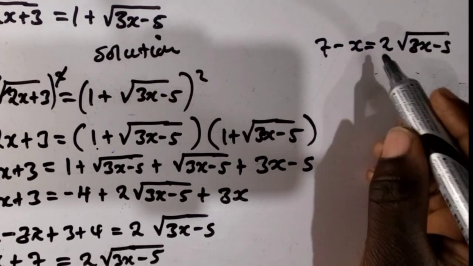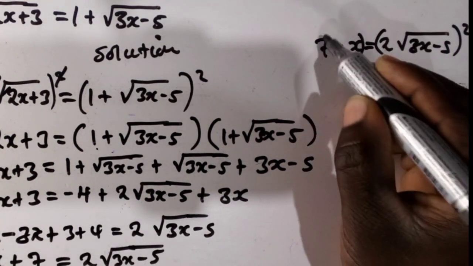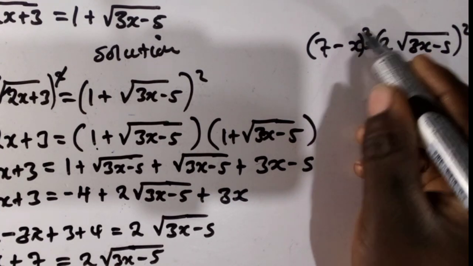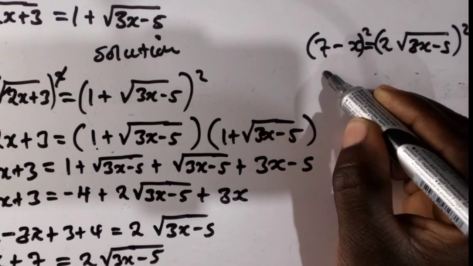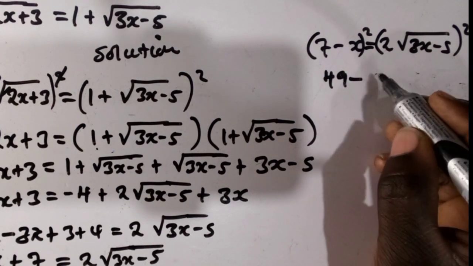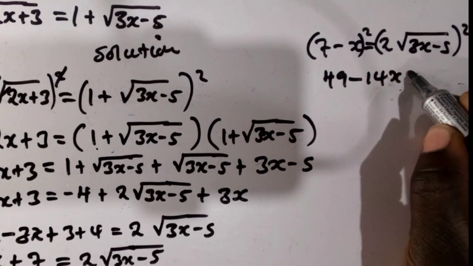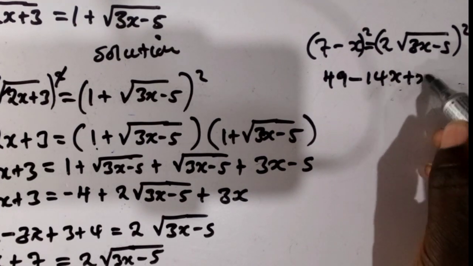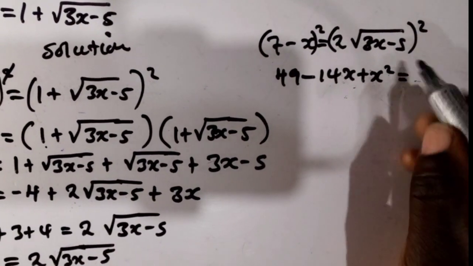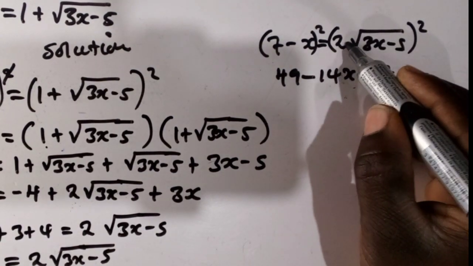Here we have to introduce squares also, to eliminate this square root. First it will be 49 if you expand this, then minus 14x, then plus x squared, which equals, here we square every number in the bracket.